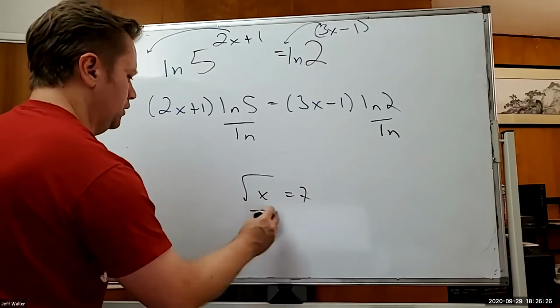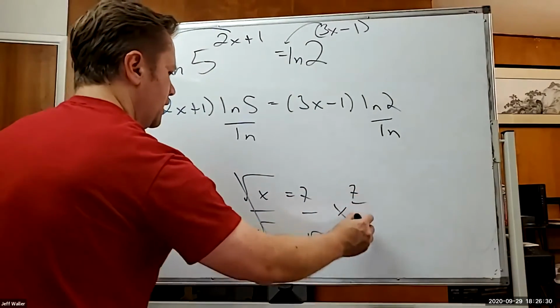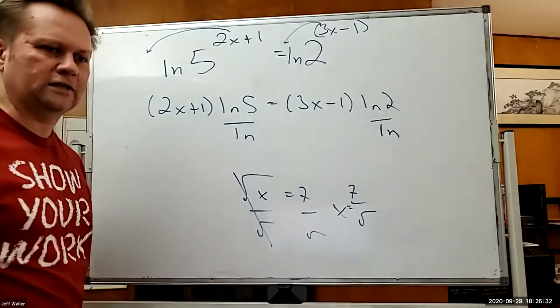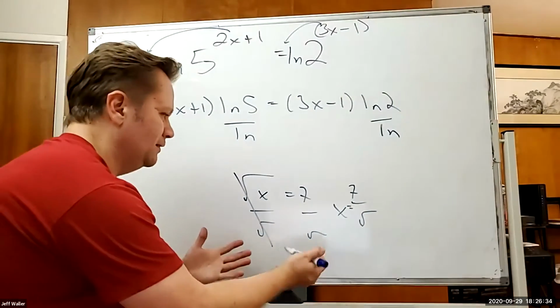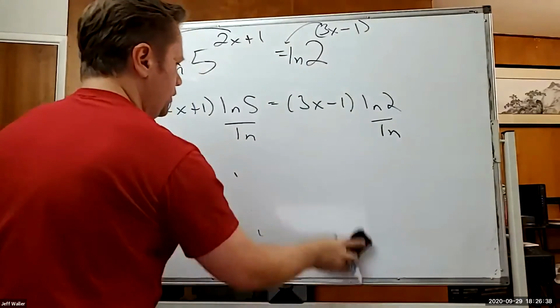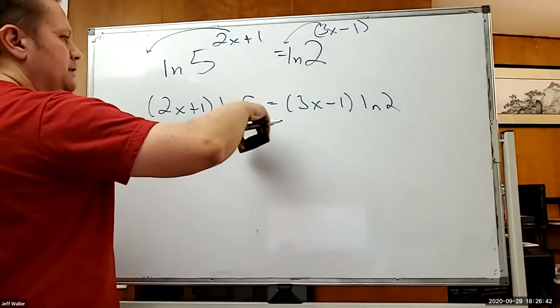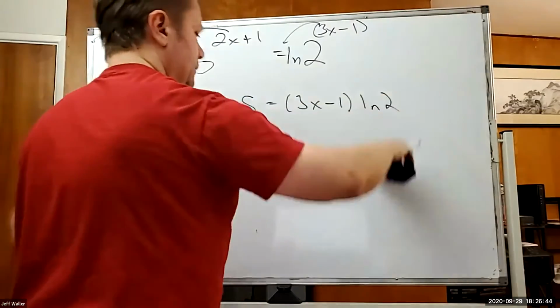And you say, sure, man, there you go. X equals 7 divided by the square root. All right, next problem. So ln by itself doesn't mean anything. So that is not ln times 5. That is not ln times 2.